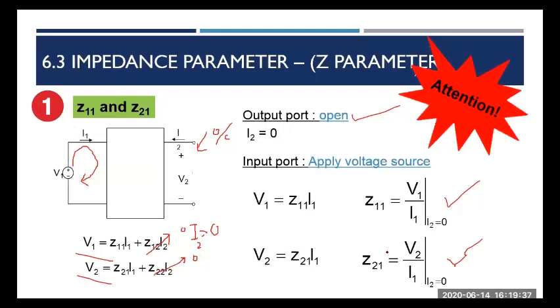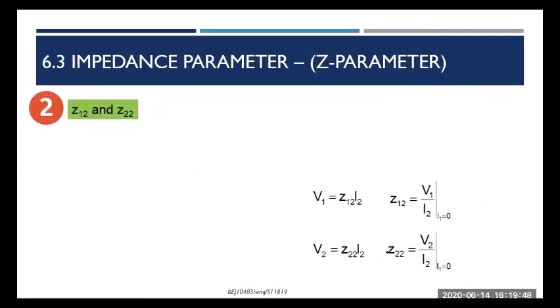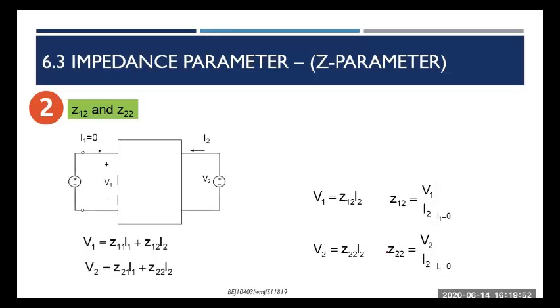So we still have other parameters, as the matrix has not been completed. We need to find Z22 and Z12. Z12 and Z22 can be obtained by setting the input port open. So at the input port, we replace it with an open connection.